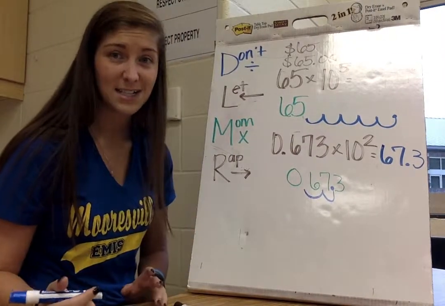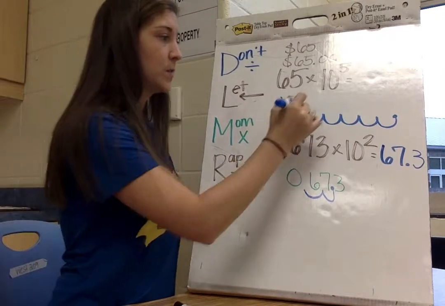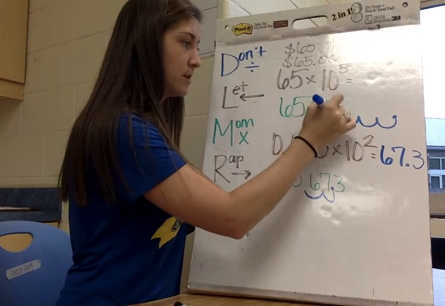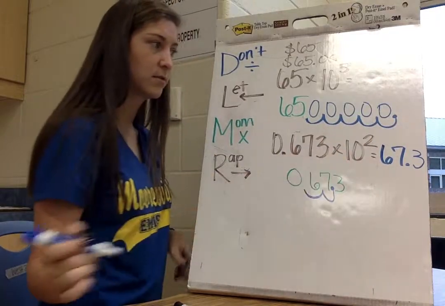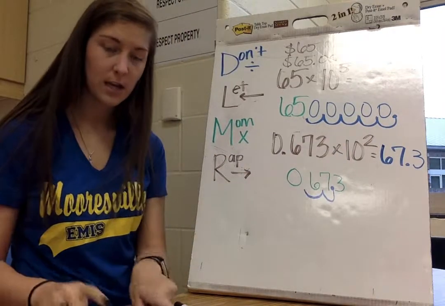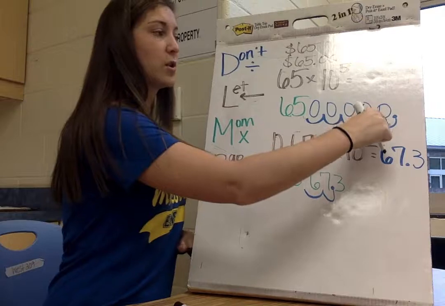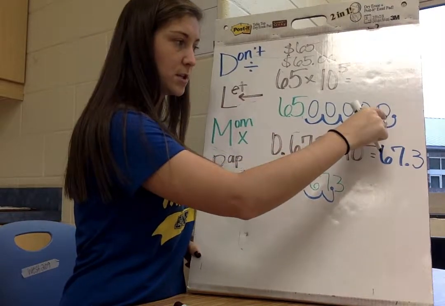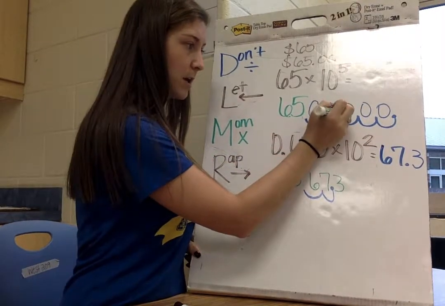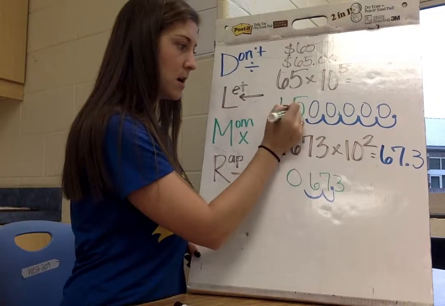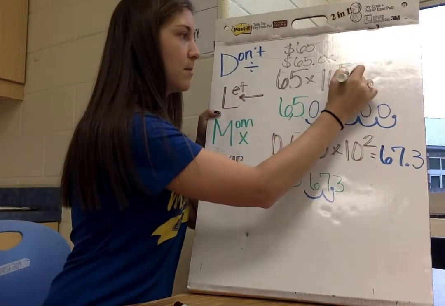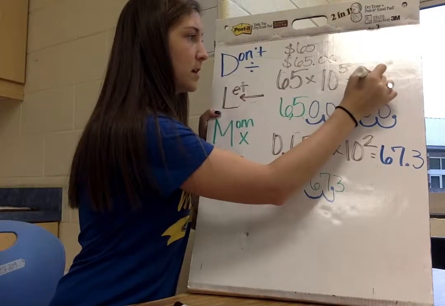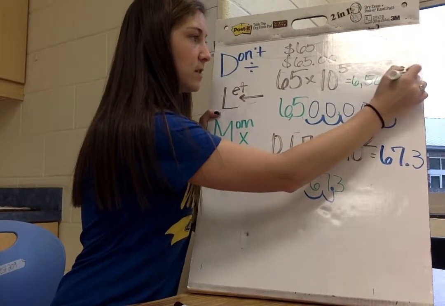Now I have lots of egg cartons that need to be filled, so I have to add 1 zero, 2, 3, 4, 5 zeros. Now remember, if you want to go back in and add commas, that's fine, but starting at the back, you have to count 3 digits: 1, 2, 3, comma can go here. 1, 2, 3, comma can go right here. Therefore, my answer to this problem is 6,500,000.